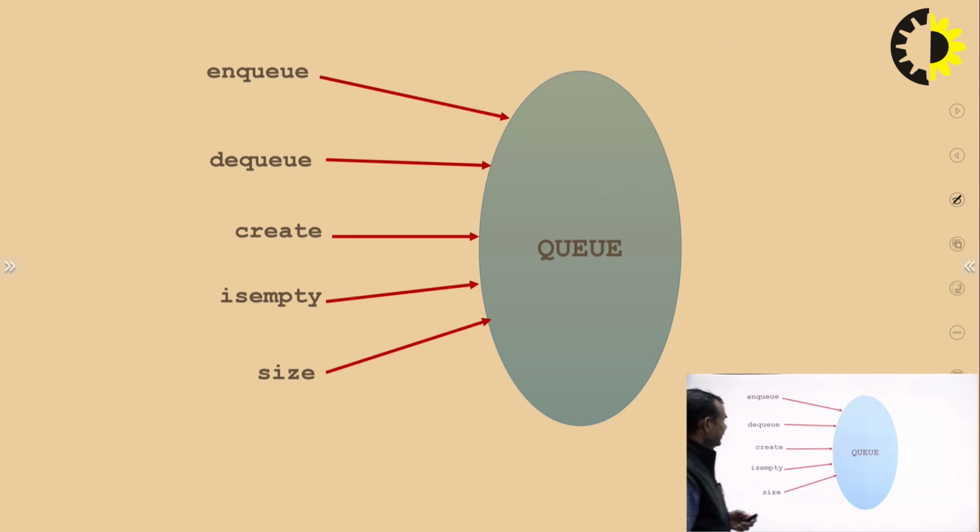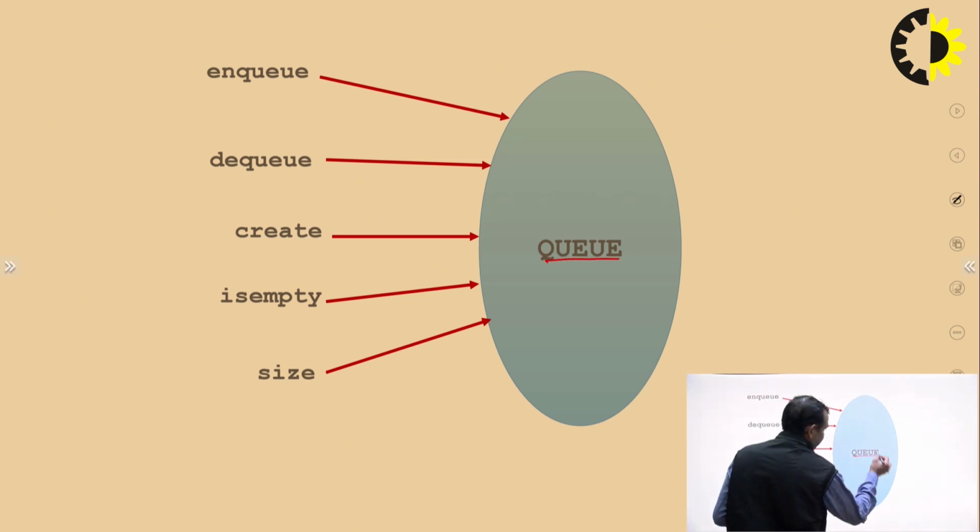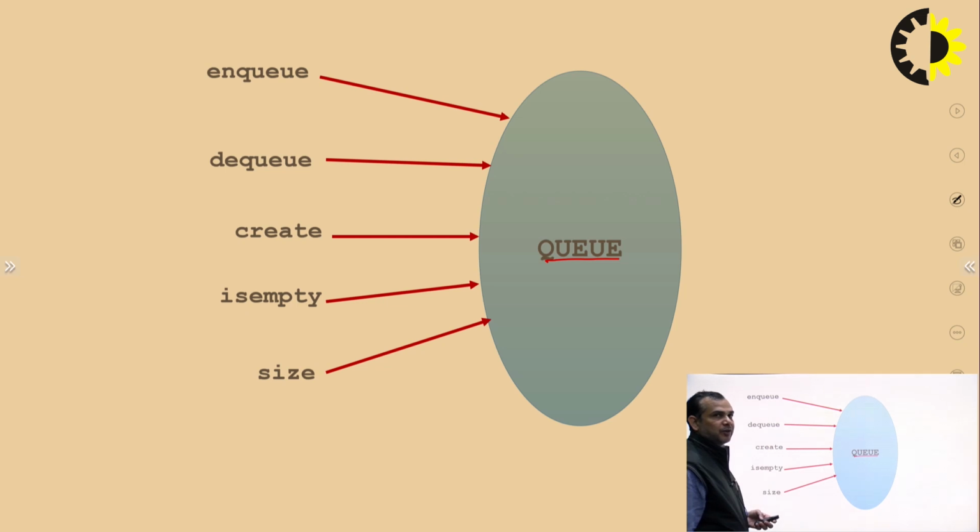Here, if we consider this as a queue, we perform some operations as I discussed: enqueue means we insert the element, and dequeue means we delete the element. Create is used when we create the queue, same as we discussed in the stack. Similarly, isEmpty checks whether the queue is empty or not.